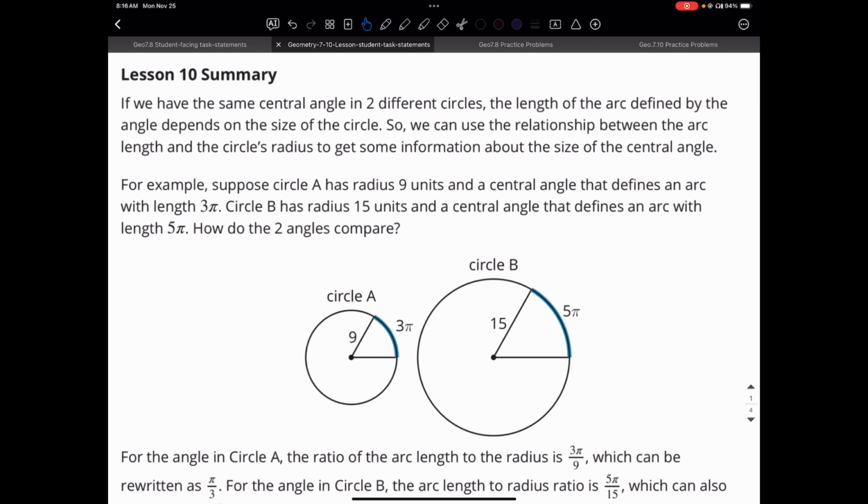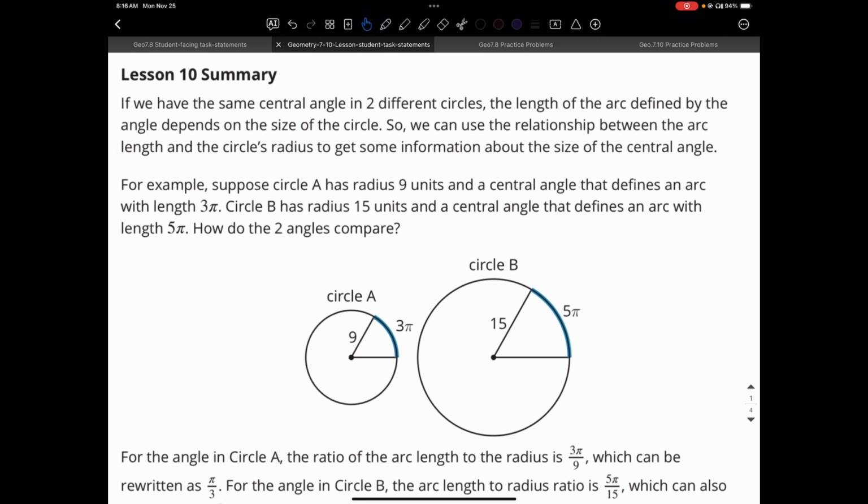All right, so for lesson 10 summary, if we have the same central angle in two different circles, the length of the arc defined by the angle depends on the size of the circle. So we can use the relationship between the arc length and the circle's radius to get some information about the size of the central angle.